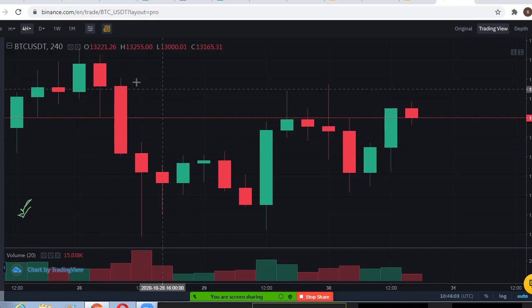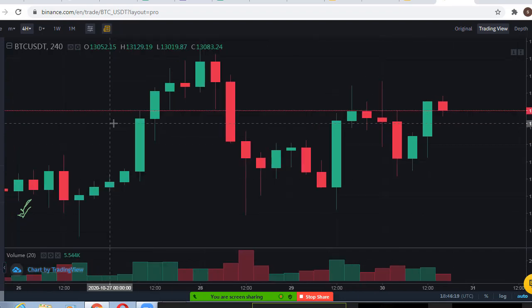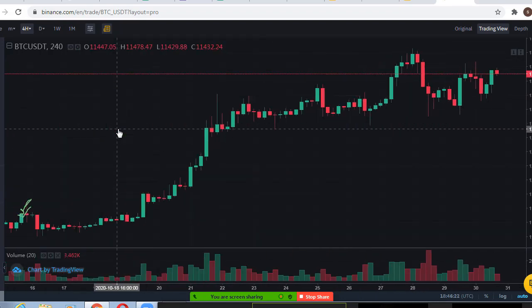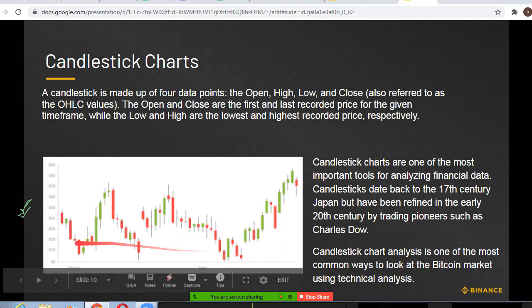So that is how you understand the structure of candlesticks, so that it will aid you in doing your analysis in crypto trading. Okay, very, very important. So let's move further.